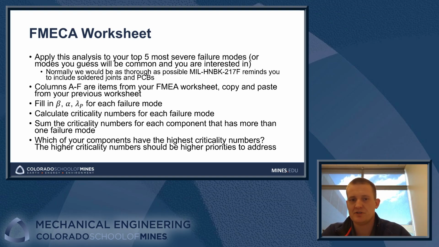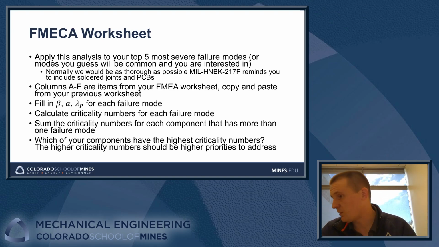Normally you would be as thorough as possible, where you would go through every possible failure mode for your system and calculate criticality numbers for all of them if you want to do a really thorough risk and reliability engineering analysis. MIL-HDBK-217F actually contains notes that remind you that you should include soldered joints and printed circuit boards for any system that you're analyzing, because they can actually be a significant source of failures.